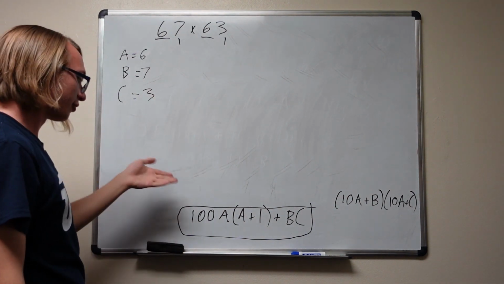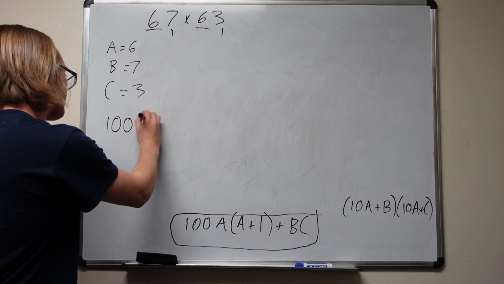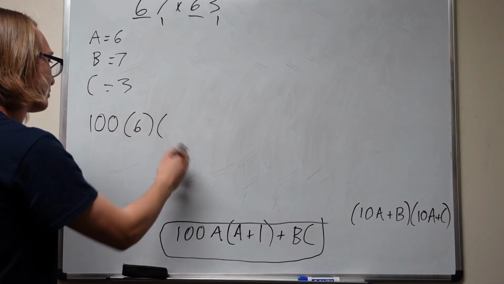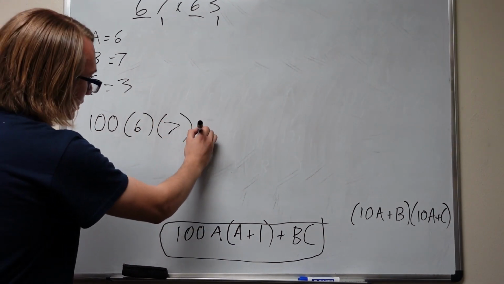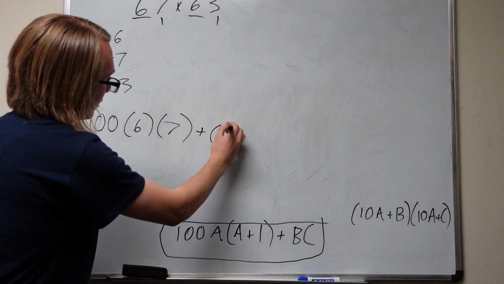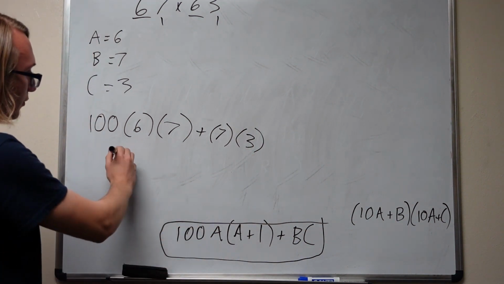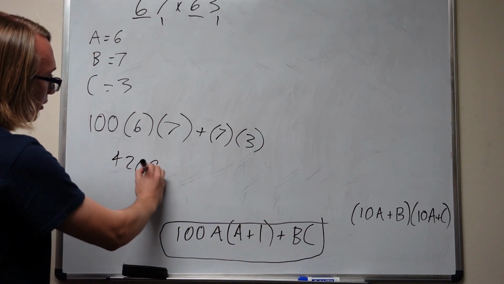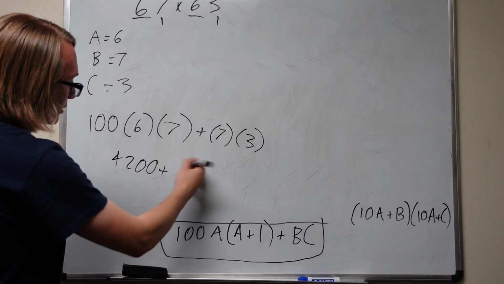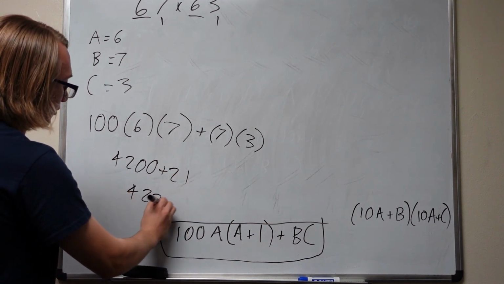We'd get 100 times (6 plus 1), which is 7, plus B times C, which is 7 times 3. So we get 4,200 plus 21, and then all we get is 4221.